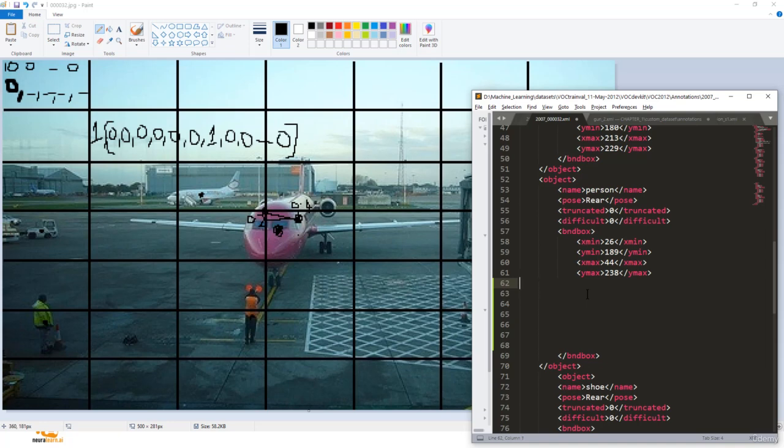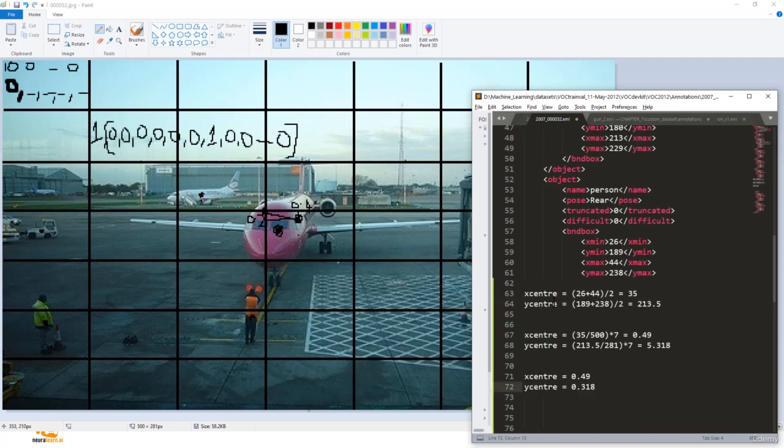X center will be equal to this 26 plus 44 divided by 2. For the y center, as you could see right here, we have 189 plus 238 divided by 2, 213.5.